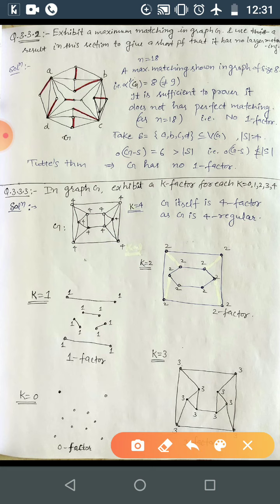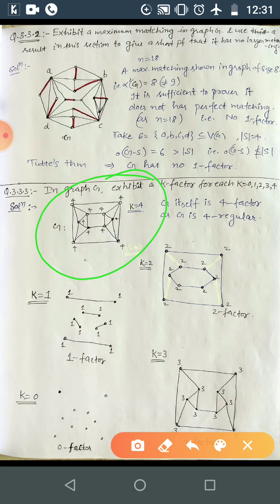Now the 3-factor. Obviously, if you have a 4-regular spanning subgraph and you delete one edge incident with every vertex, then you will get a 3-factor, a 3-regular spanning subgraph. A 3-regular spanning subgraph can exist because the total number of vertices n is 10, which is not odd, correct?